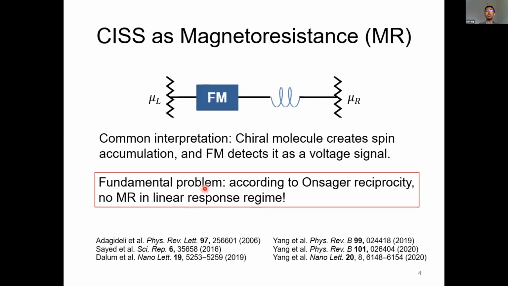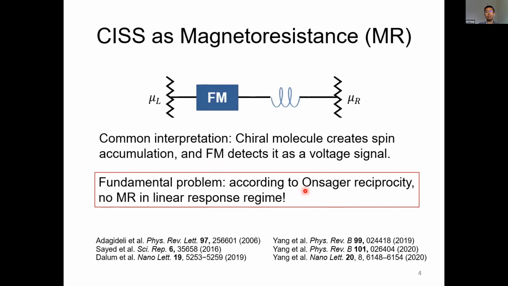And this is because there's always a reciprocal process going on where the ferromagnet injects a spin accumulation over here, and it is the chiral molecule that detects this spin accumulation as a charge voltage. And in the linear response regime, so close to zero bias, these two processes compensate each other exactly. So the net result is a zero MR signal.